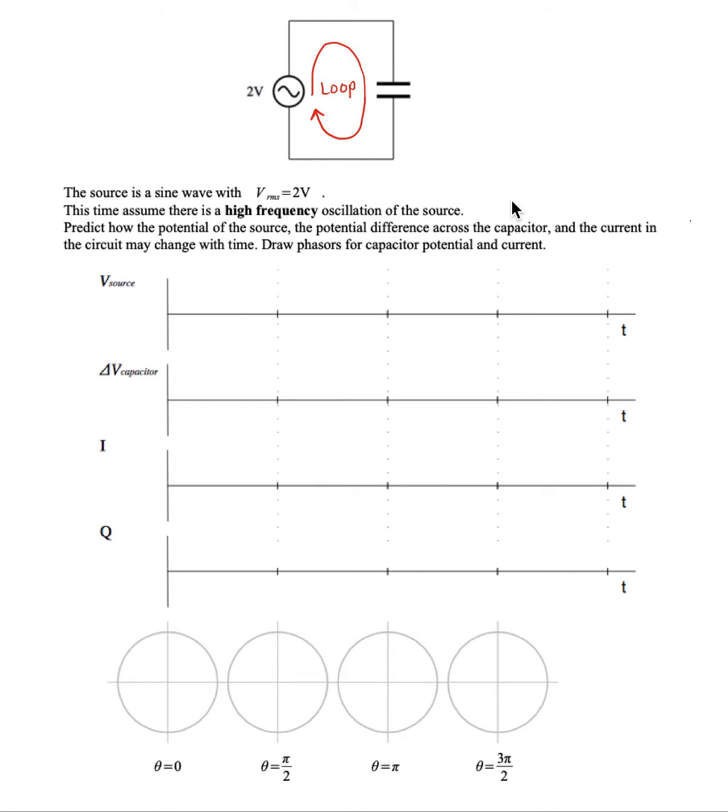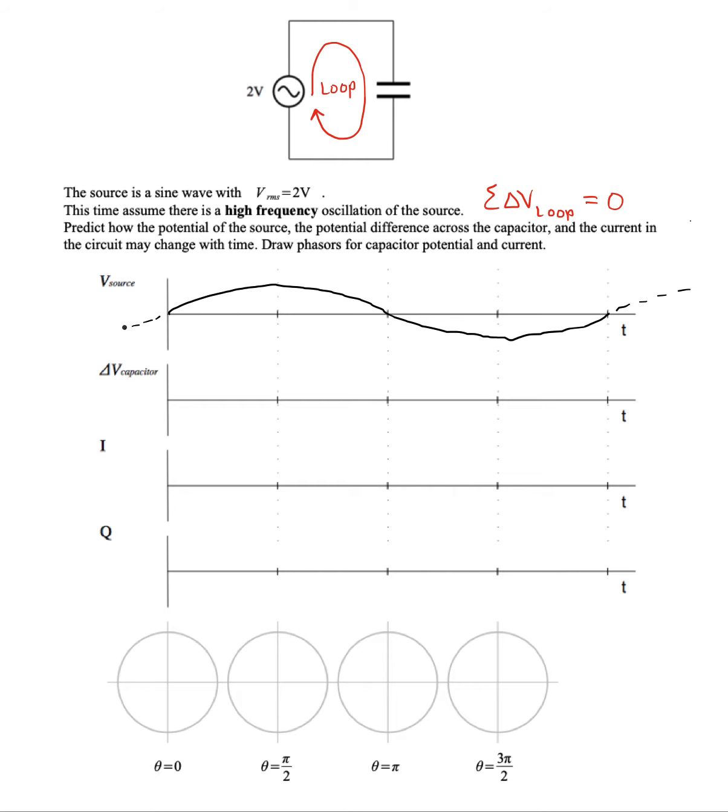Now, according to Kirchhoff's loop law, we know that the sum of the potential differences in any loop has to always equal 0 at all times. Let's assume that our source is oscillating as a sine wave, and it's going to keep going as time goes on.